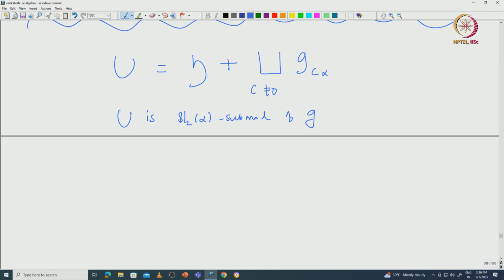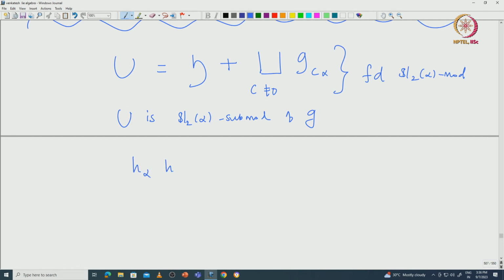Now, since this is a finite dimensional module, being a subspace of G, this is a finite dimensional SL2 of alpha module. So, in particular all the H alpha eigenvalues must be integers. But let us compute what the H alpha action will be.